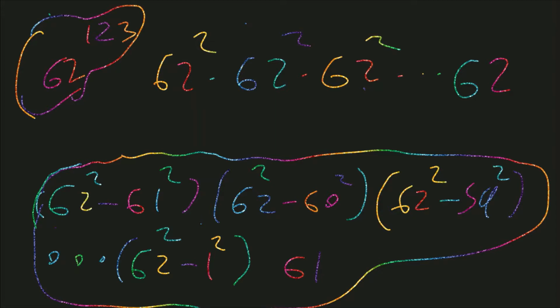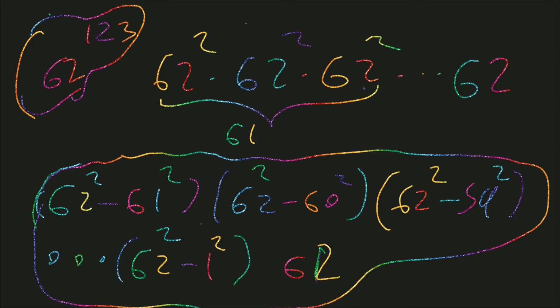If we do so, we get 61 factors of 62 squared and a 62. My apologies, this is supposed to be 62, not 61.